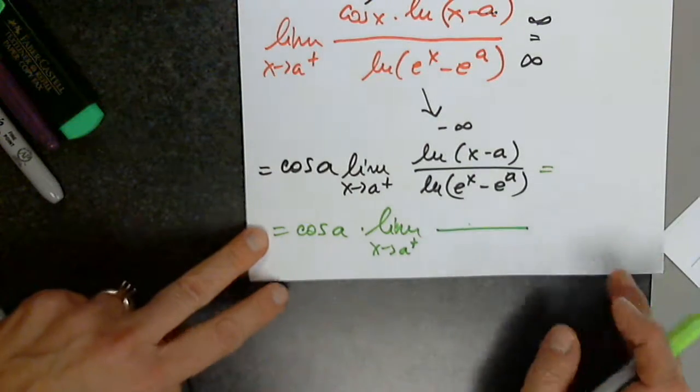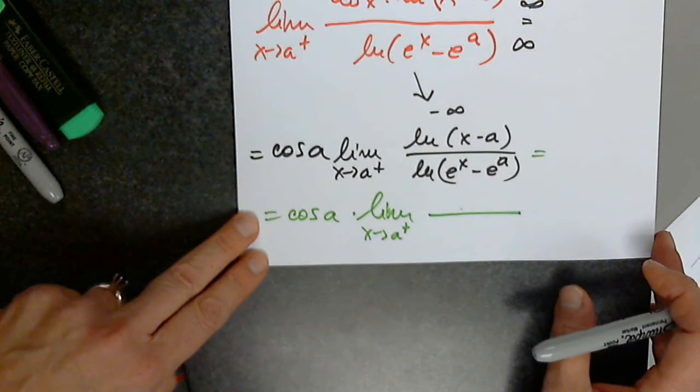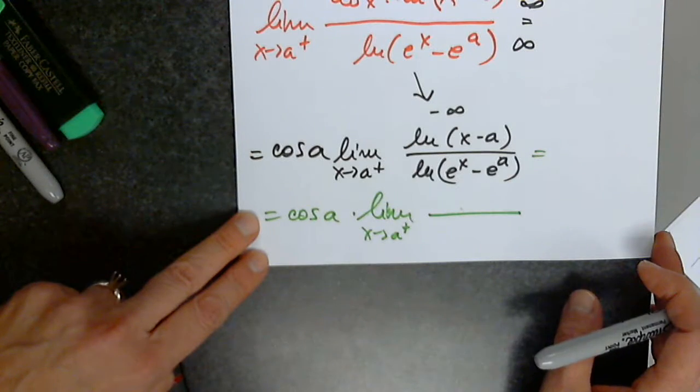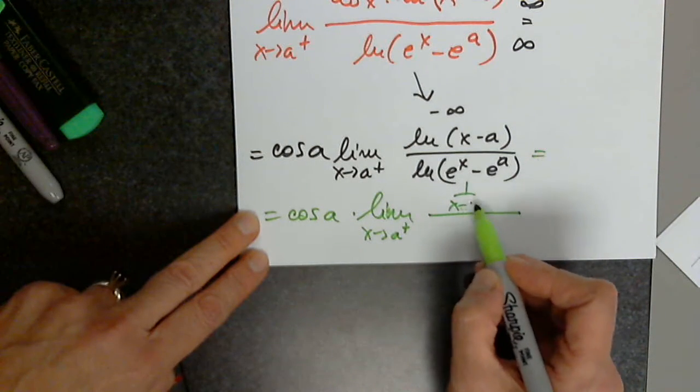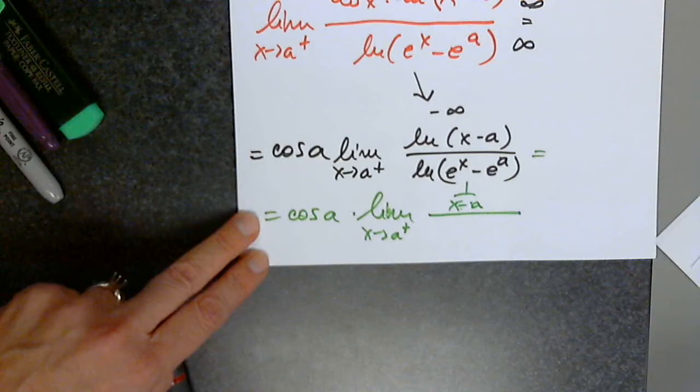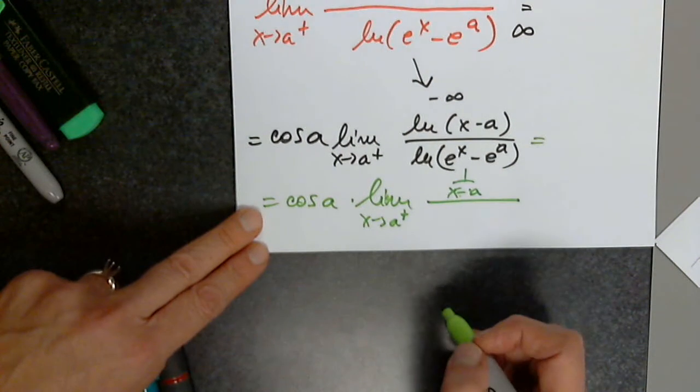Okay, so what do I have at the top? 1 over x minus a times the inner function prime, which is 1. Perfect. What do I have in the denominator?